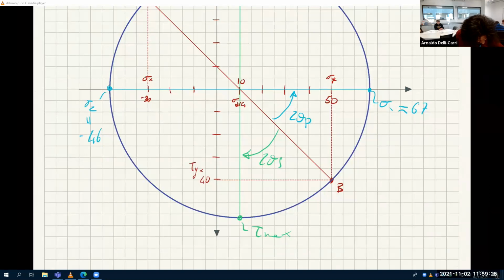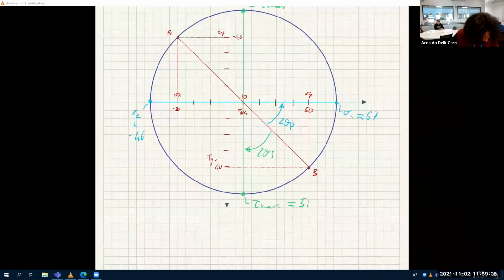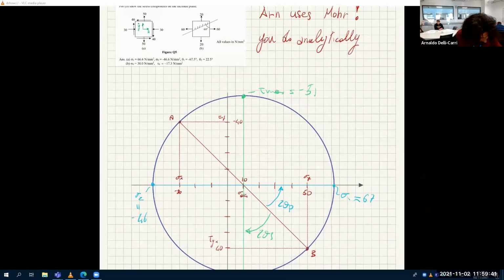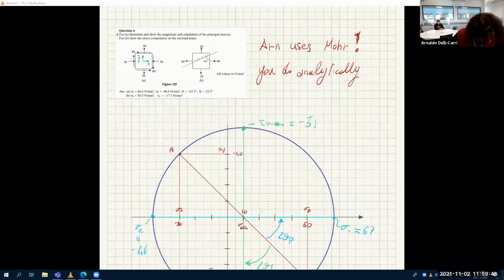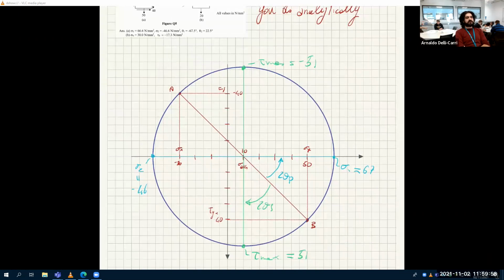And tau max is 10, 20, 30, 40, 50, 51, and minus 51. Let me check. Sigma 1, 66.6, I said 67. Sigma 2, minus 46.6, I said minus 46. Tau max is not required, but I also found tau max. See, very nice. Very easy, very fun.